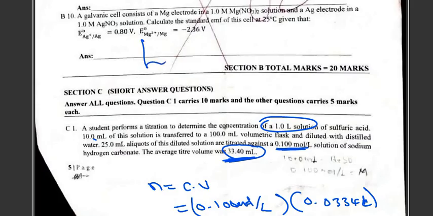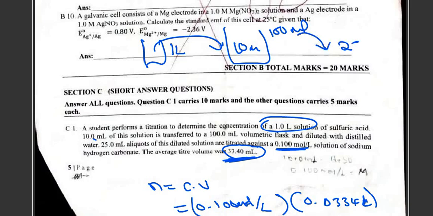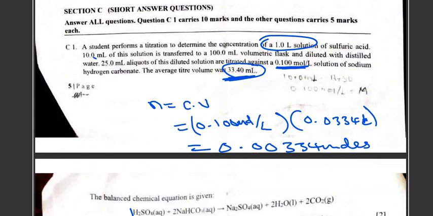In the 1 liter, we got 10 mils. After we got 10 mils, we then diluted these 10 mils to 100 by adding water. Then from the 100 mils that we diluted, we only got 25 mils. So no wonder we're going back like this. I hope this makes sense.